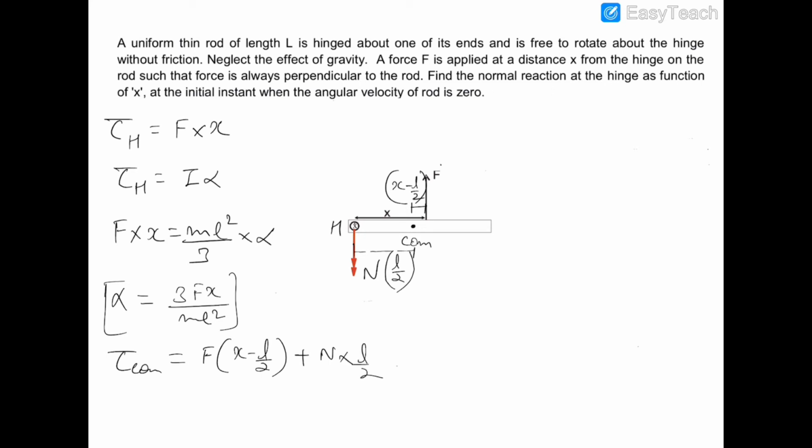So this is the torque about COM, and torque about center of mass will be equal to mL square by 12 into alpha. This mL square by 12 is the moment of inertia of the rod about the center of mass, and this is a very unique concept that this alpha, which we have already calculated about this hinge, would be same about any point in the system.